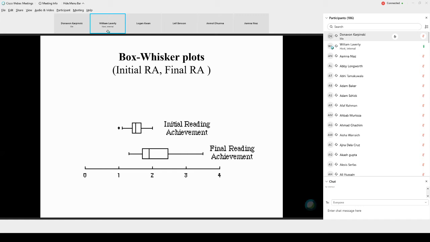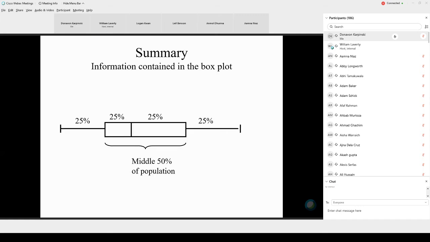If one of the whiskers is pulled out, that means it's probably positively skewed. The information in the box is the middle 50% of the population. And then the minimum, Q1, Q2, Q3, and the maximum divide the population into 4 equal parts of 25%.